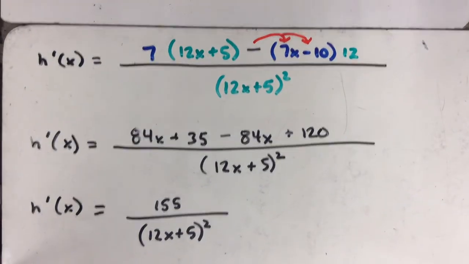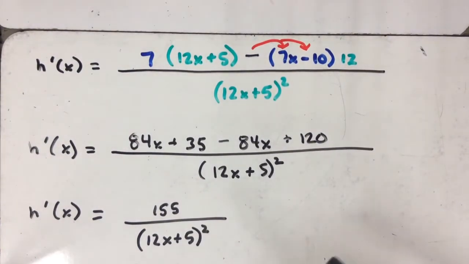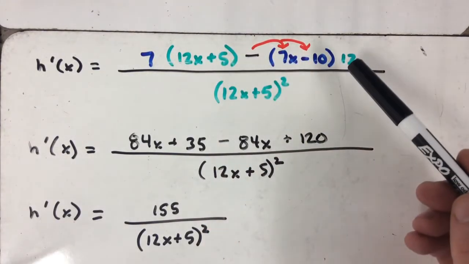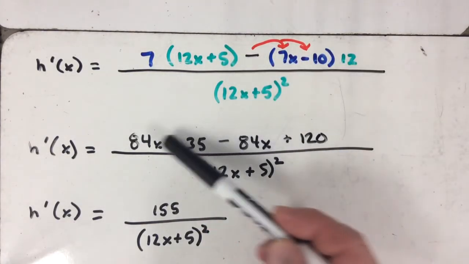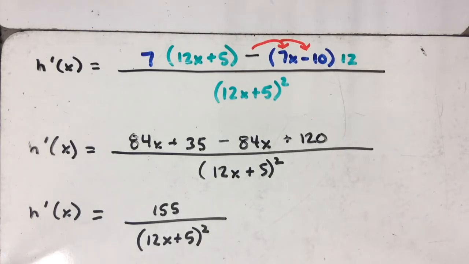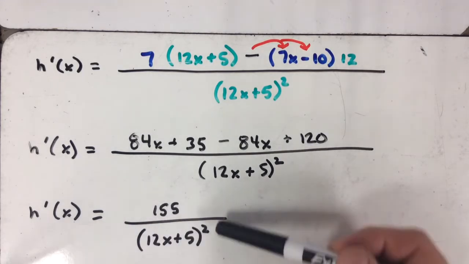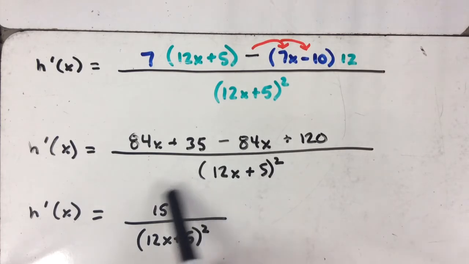So again, the book would normally have us multiply this out, get rid of the parentheses using some multiplication, distributive property, or FOIL, or whatever it would happen to be on whatever problem you're working on, and then combine your like terms, and then we'd want to see if anything cancels here. So nothing canceled. This is our final answer.